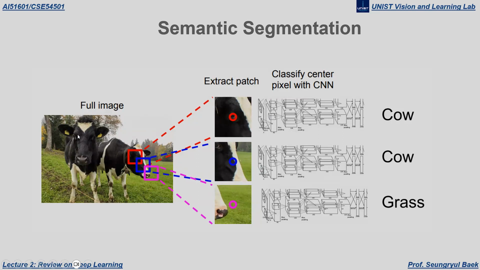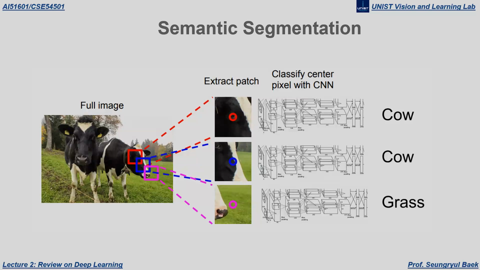Then it may take half a day to obtain the semantic segmentation map on a full image if we use this kind of approach, because mostly full images have 640 by 480 pixels, or even HD images have more pixels.